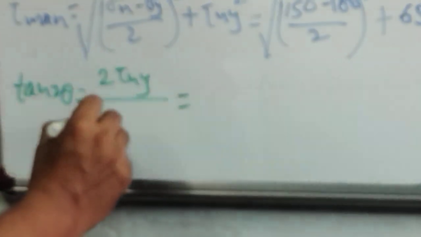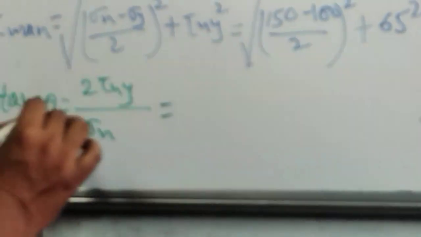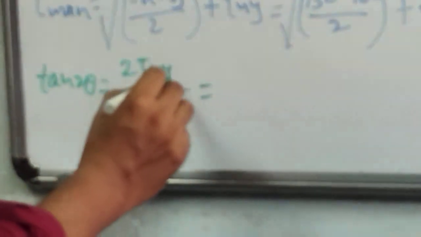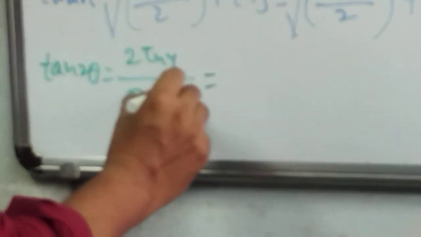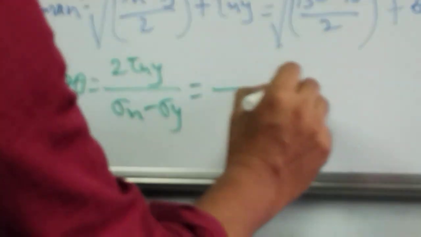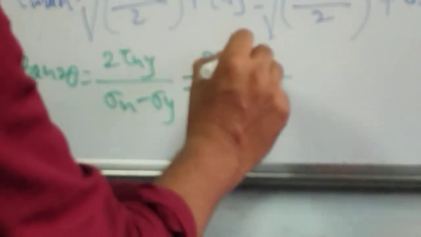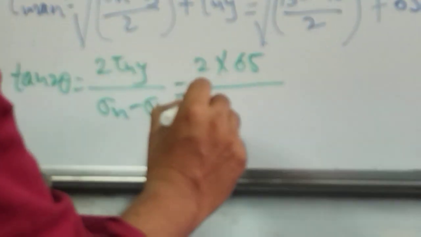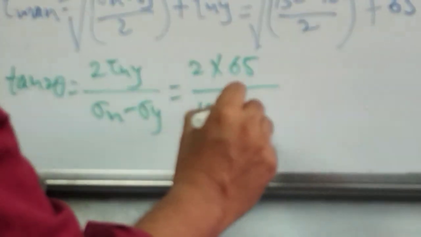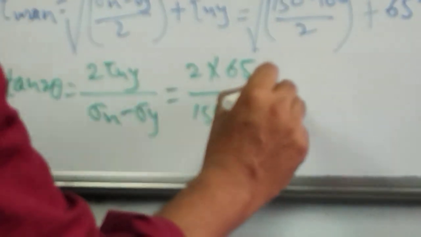Now tan 2 theta equals 2 tau xy divided by (sigma x minus sigma y). Now 2 into tau xy equals 2 into 65, and sigma x minus sigma y is 150 minus 100.